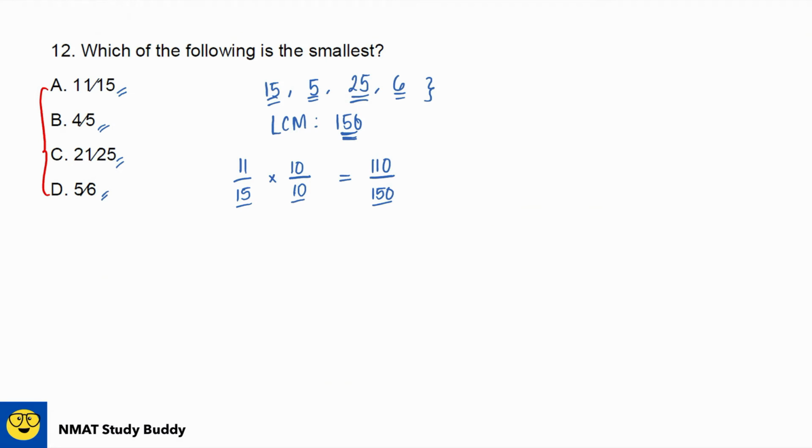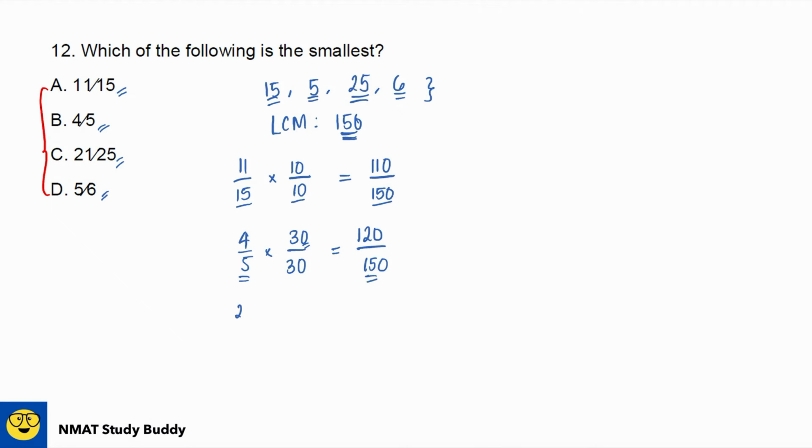And then, sa letter B naman, 4/5. Ano yung kailangan mo i-multiply sa kanya para magkaroon ka ng denominator na 150? So, 150 divided by 5 is equal to 30. So, 30/30 yung i-multiply mo sa kanya. 4 times 3 is 12 plus yung isang 0, so 120.